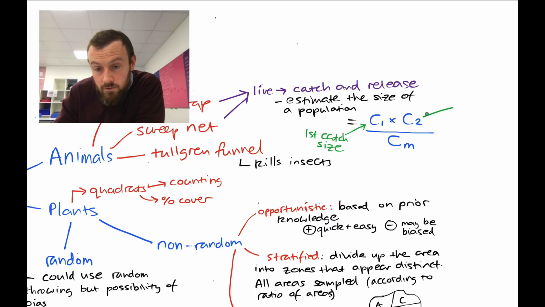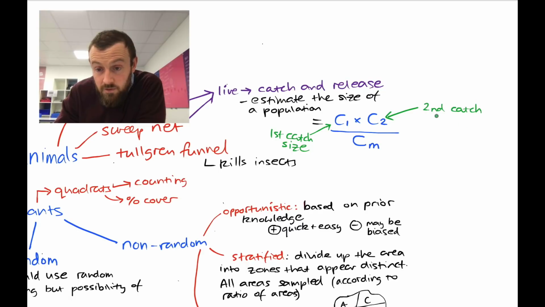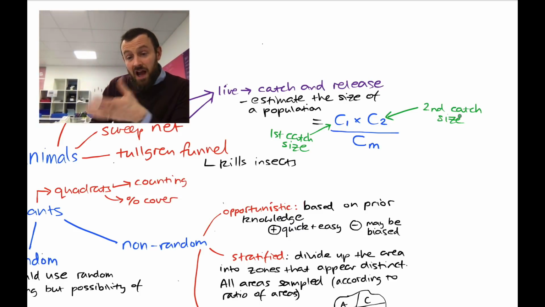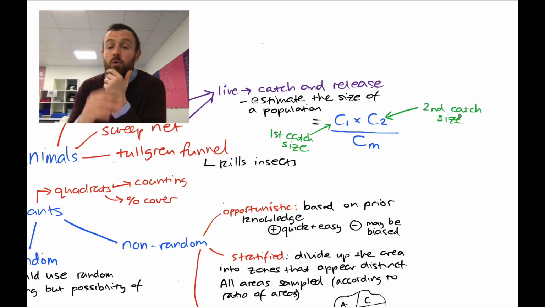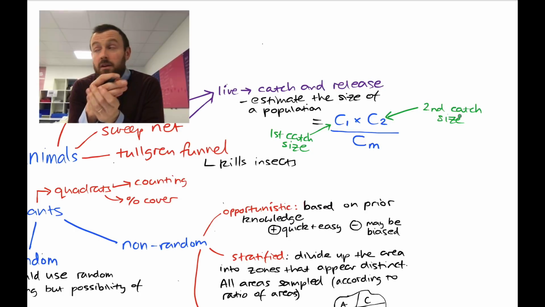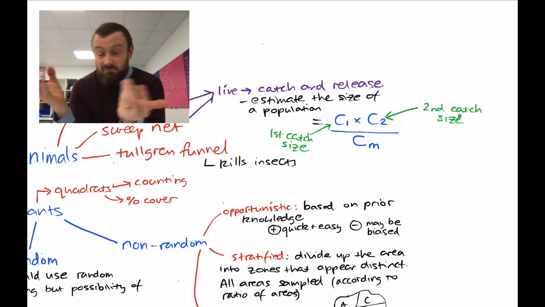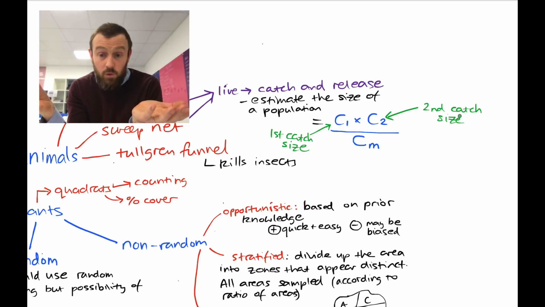C2 is the second catch size. So maybe the second time you went back, a couple of days later, you caught 50 ants again. In which case C1 and C2 would both be 50. Or if you caught 50 the first time, and then the next time you couldn't find as many and only managed to catch 40, then you do 50 times 40 above.